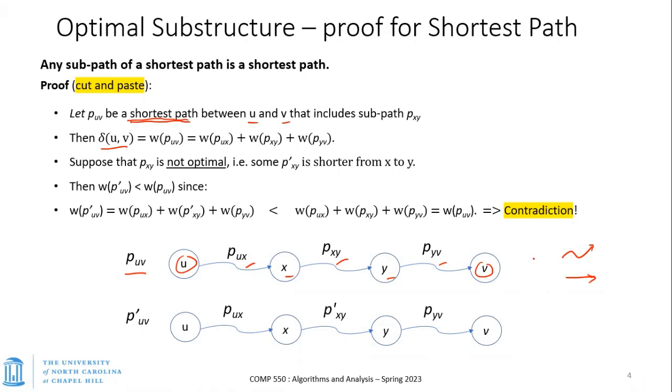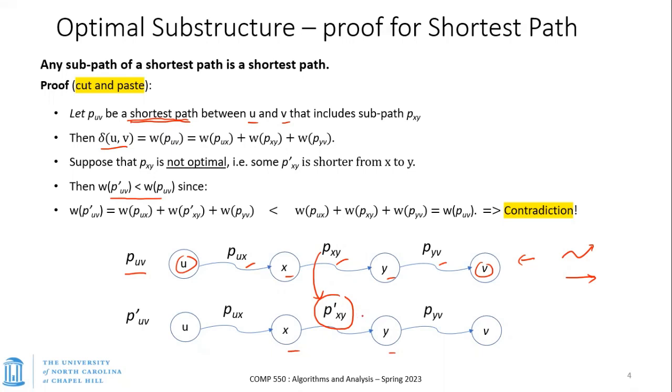Now, if this is the optimal shortest path, and the optimal substructure is not followed, then we can assume that we have some vertices X and Y in between, whose path weight is less than the path weight on the original path.